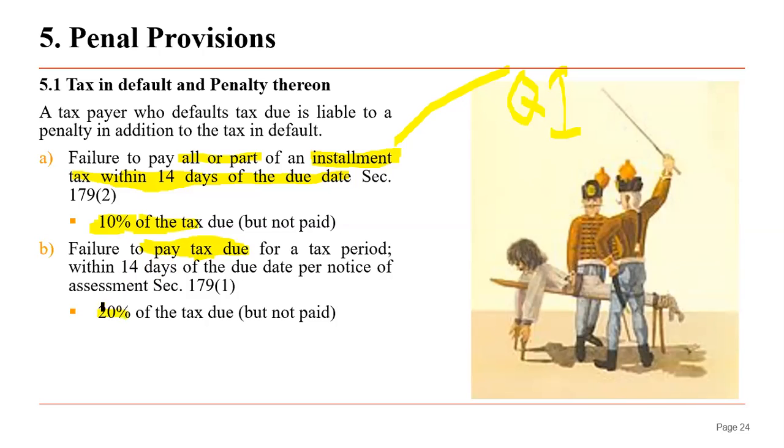Here even the assessment is 20%. The 10% is for quarterly payment, the other one is 20%. Then the 14 days is there.